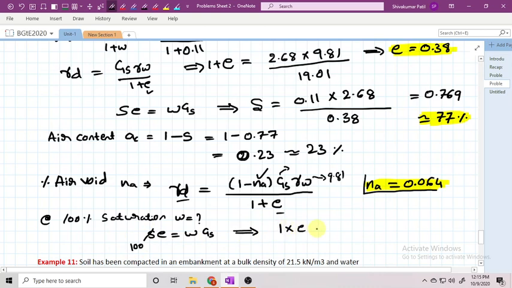So 1 into E equals W into Gs. I want the water content, right? So 1 into void ratio, I got 0.38, divided by specific gravity Gs. They gave specific gravity as 2.68. So that will be equal to the water content.